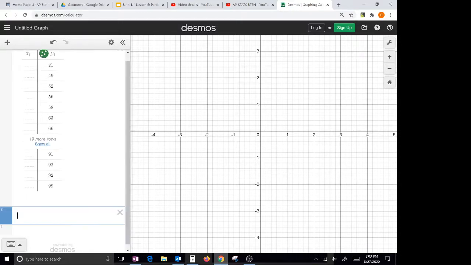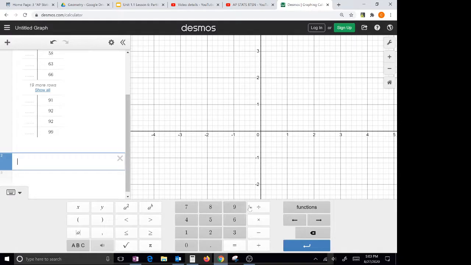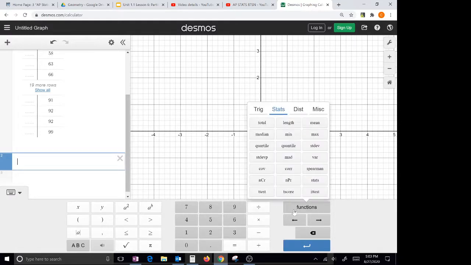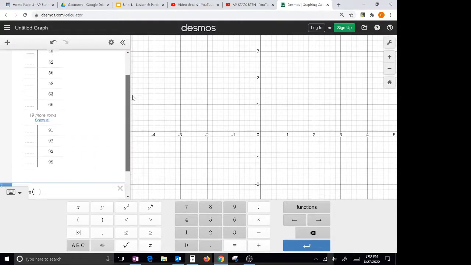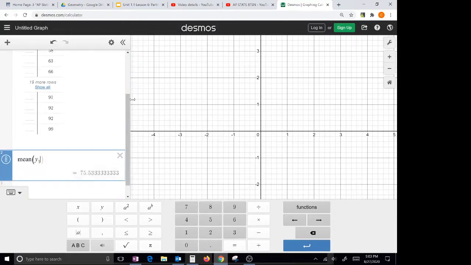Okay, I want to find the average. Well, what I do is click on this little keypad here, go to functions, and go to mean. I put everything into y1, so I type in y1, and we get 75.5.